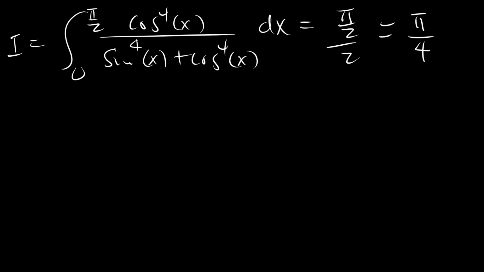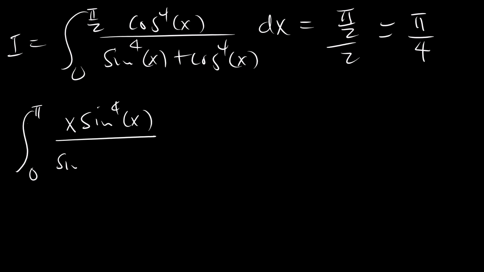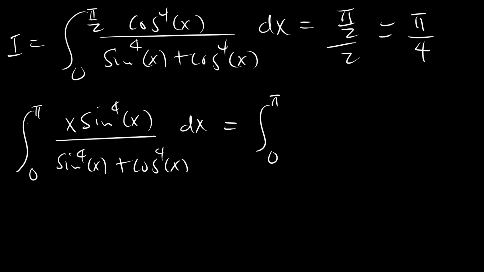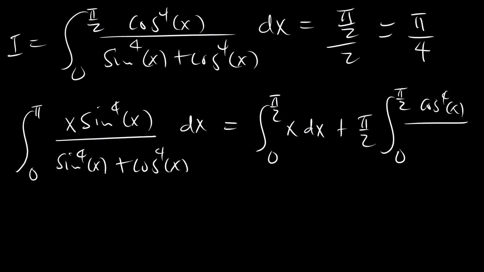So we have the integral from 0 to pi of x times sine to the power 4 of x over sine to the fourth of x plus cosine to the fourth of x, which was the same as the integral from 0 to pi over 2 of x plus pi over 2 times the integral from 0 to pi over 2 of cosine over sine plus cosine.